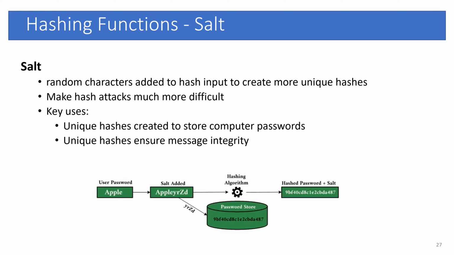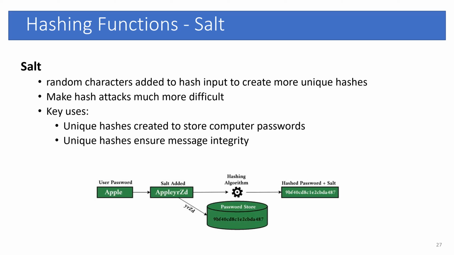So, how do we make hashes harder and more complicated? Something called salt. For example, we have a password. We will add, as part of our algorithm, some random characters to the password. If your password is Apple, I'm going to add random characters, otherwise known as salt, as I create the hash.